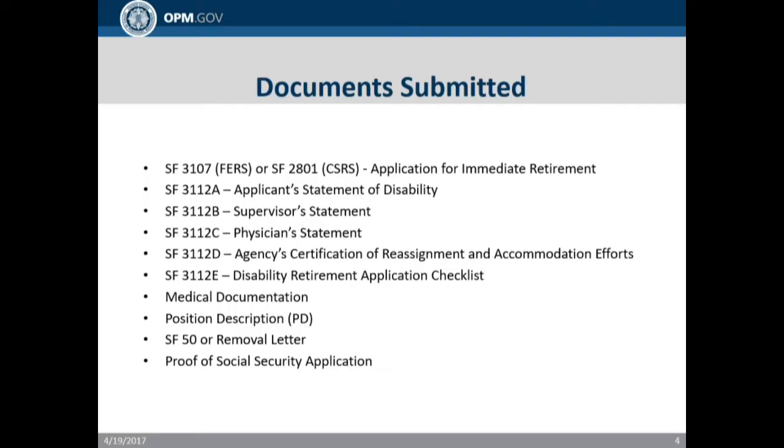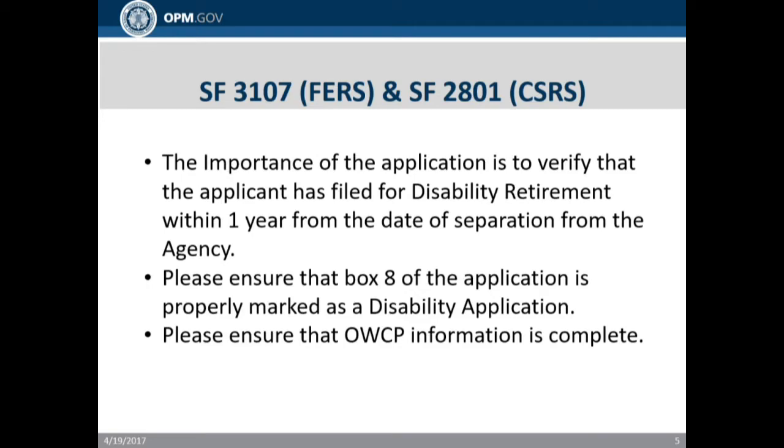Now we're going to go into a little depth with each document that is submitted. The immediate retirement application. The importance of the application is to verify that the applicant has filed for disability retirement within 1 year from the date of separation from the agency.